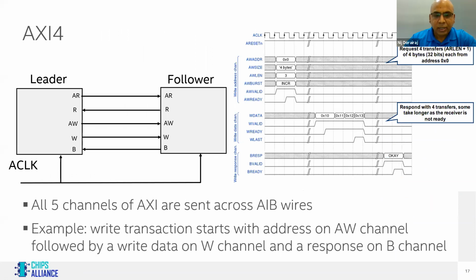For example, if you're doing a write, you will be sending the write address followed by the write data, and there'll be a write response coming back. So you need to send not just one wire or one set of data. Based on a read or write, you'll have more than one channel that you need to send across.